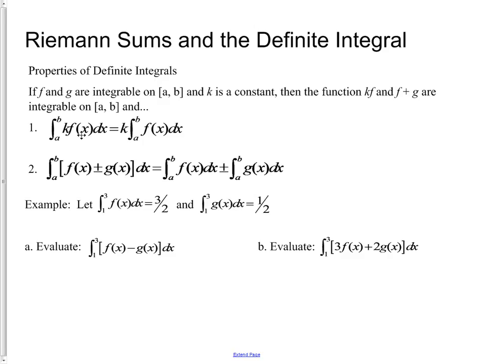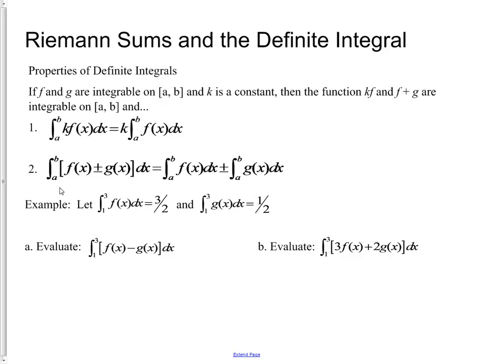And we can say in rule number one that the definite integral of a constant times a function dx on the interval from a to b will be the same as that constant times the definite integral from a to b of f of x dx.